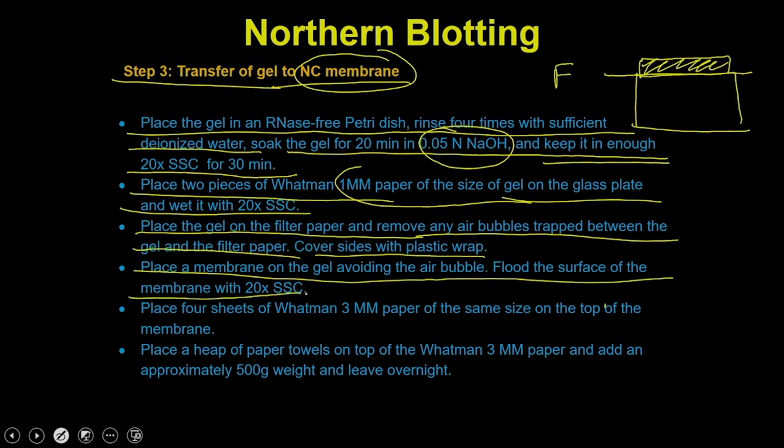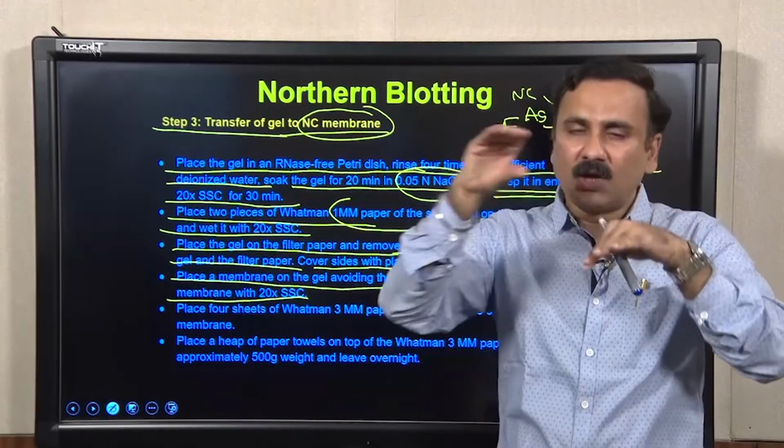Flood the surface with the 20x buffer. So, this is going to be your agarose gel, and then on the top you keep the nitrocellulose membrane.